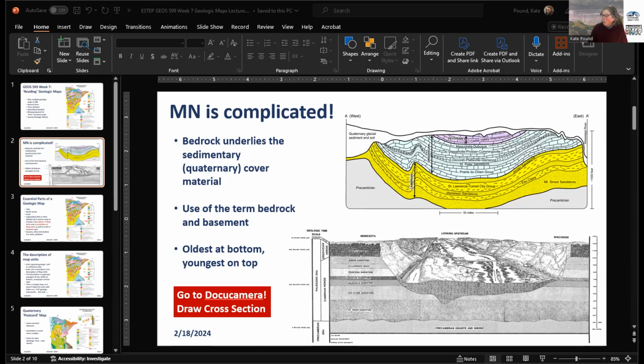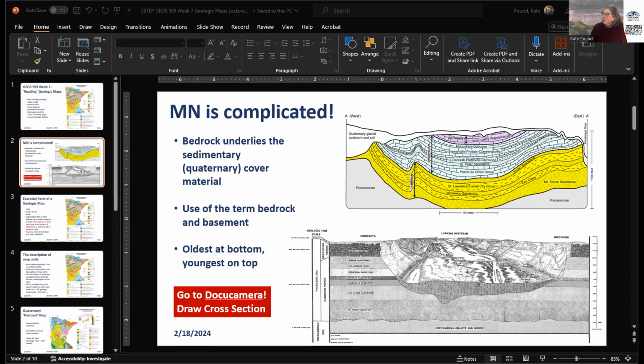So if we just move over to the right-hand side now, I want you to look at the diagram at the top. This is a vertical slice through part of southeastern Minnesota. So the land surface, and I should say that we call these vertical slices cross sections. So the land surface is where I'm moving my cursor, right here, this line at the very top.